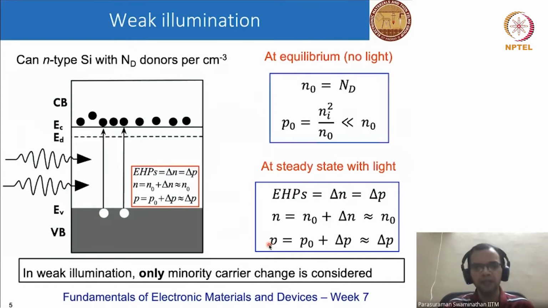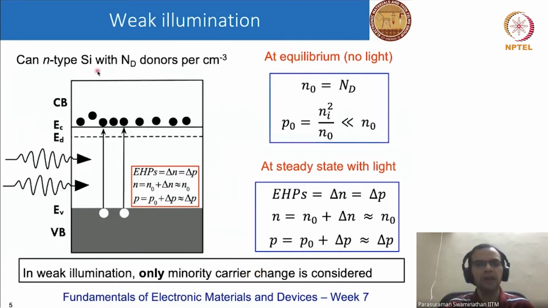We define something called weak illumination when delta n is much smaller than n naught, so that there is little change in the concentration of electrons, but the concentration of holes undergoes a significant change because p naught is very small, so delta p will always be much larger than p naught. So in weak illumination, only minority carrier change is considered.